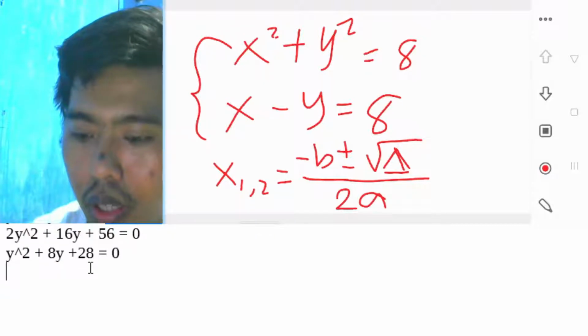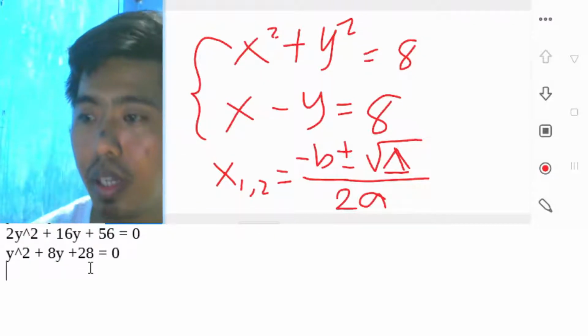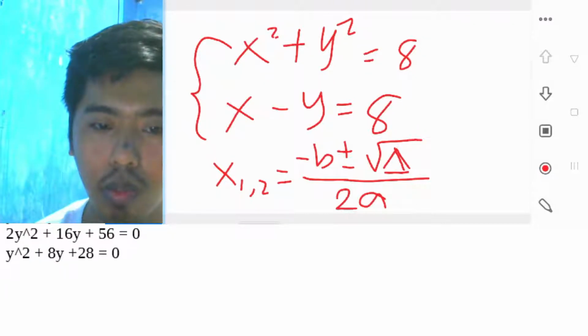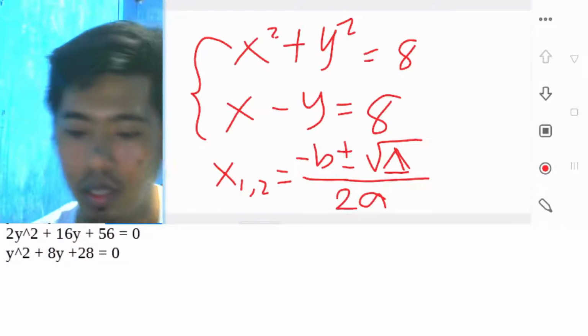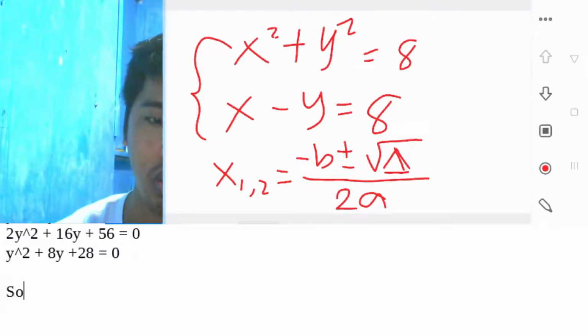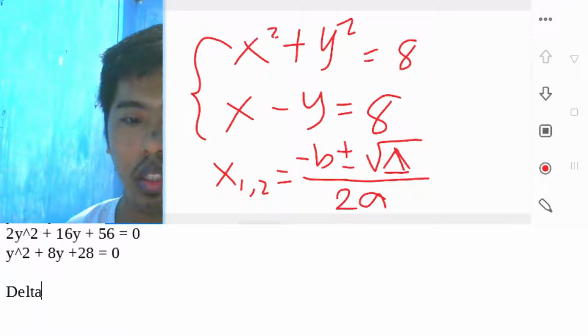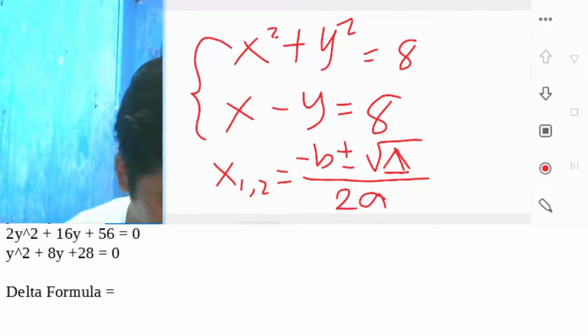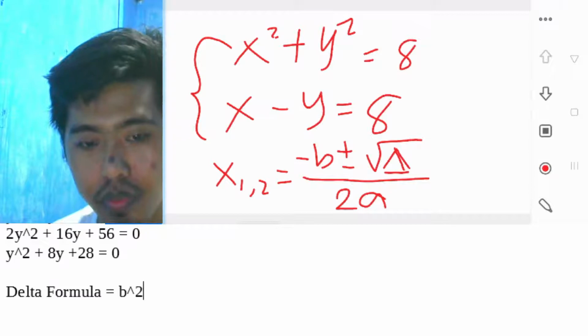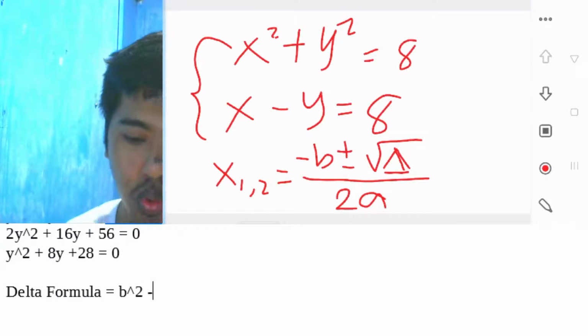Now, what is the formula for delta, so you know where the delta comes from? Look at the white paper. The delta formula is b squared minus 4ac.